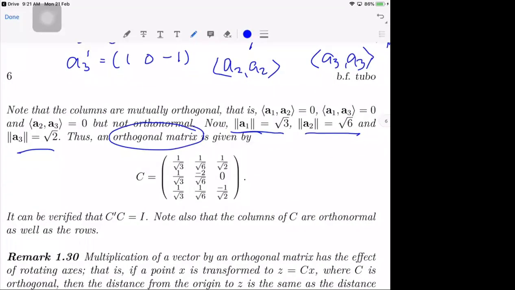You will have everything here divided by square root of 3, everything here divided by square root of 6, and everything here divided by square root of 2. And then if you work on C prime C, that will be equal to your identity matrix. So the columns of C now, as well as its rows, will be orthonormal.